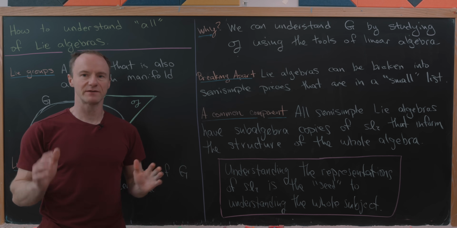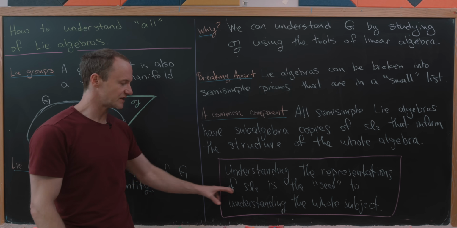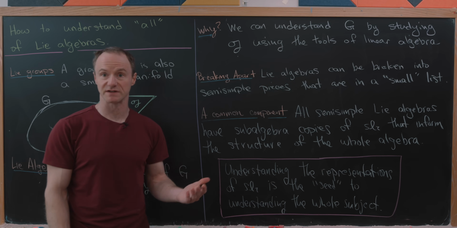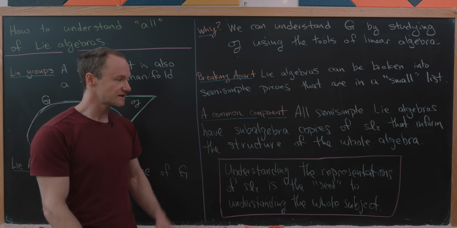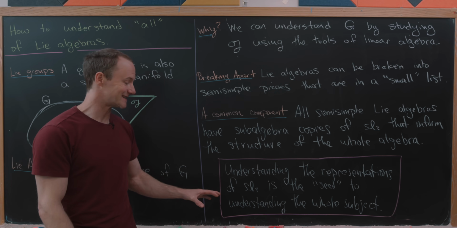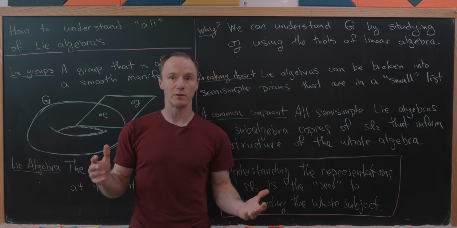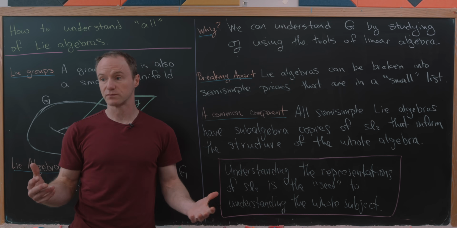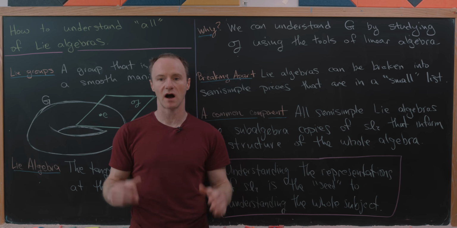Okay, as a bit of a summary of what we've said so far, understanding the representations of SL2, and we'll talk about what the representations are, is going to be the main goal of the video. Understanding the representations of SL2 is the seed to understanding the whole subject. Today we want to explore all finite dimensional representations of the complex SL2.